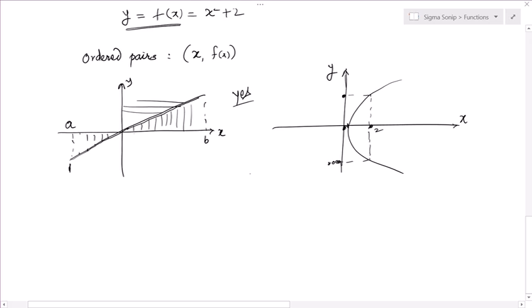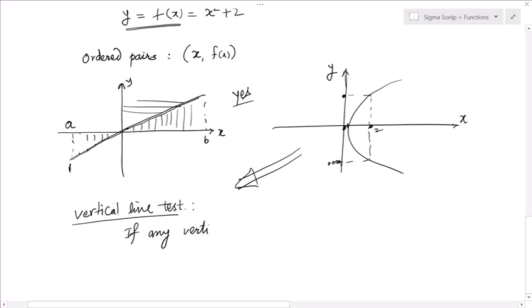And based upon this observation here, we have what we call a vertical line test. A vertical line test, as the name indicates, says that if any vertical line intersects the graph at two places, then it is not a function.